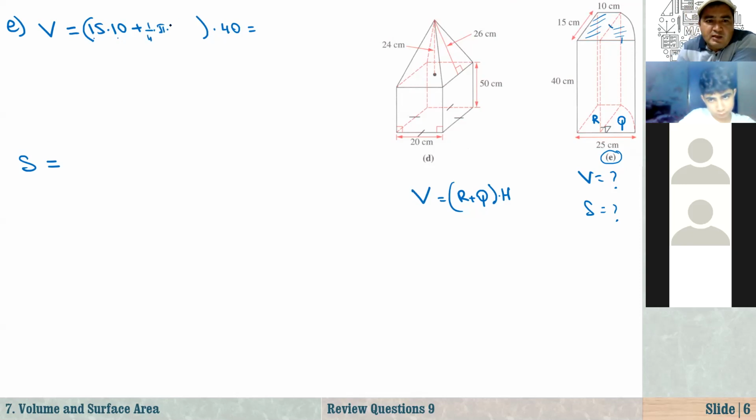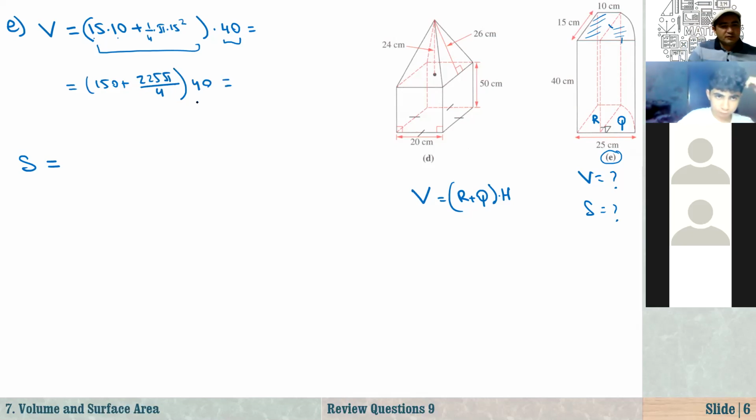So that is pi times 15 squared, and the height is 40. So the volume is cross-sectional area times height, which is 15 times 10, which is 150, plus 15 squared, which is 225 pi over 4, and here we have 40.